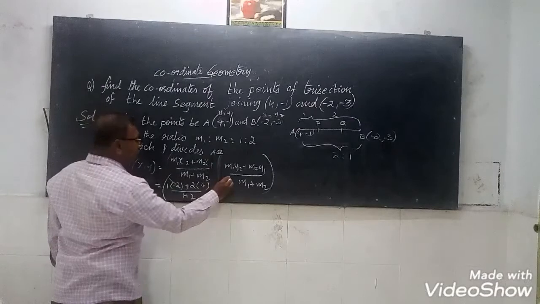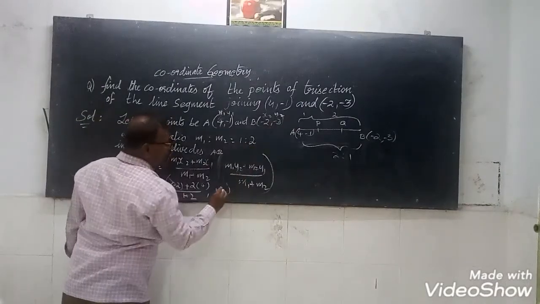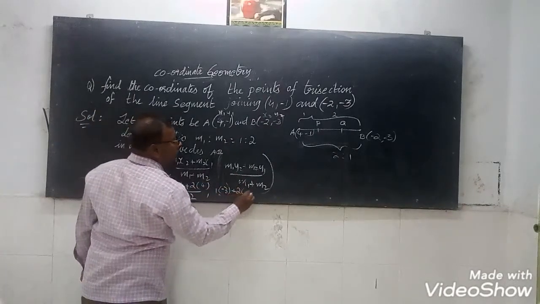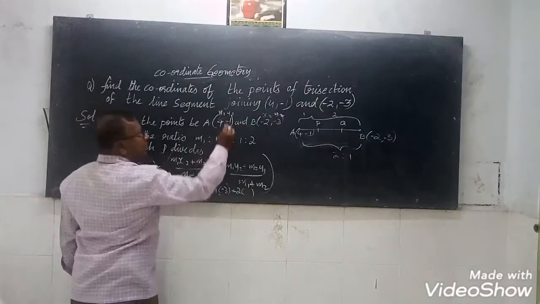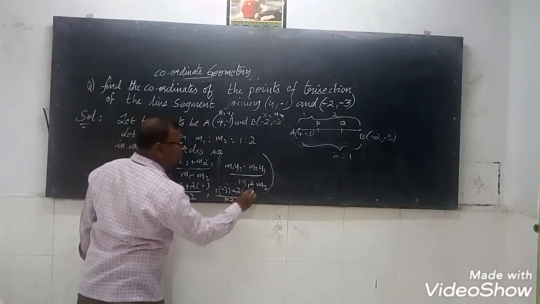Then again, M1 is 1 into y2, y2 is minus 3, plus M2, it is 2, into y1, it is minus 1, divided by 1 plus 2.